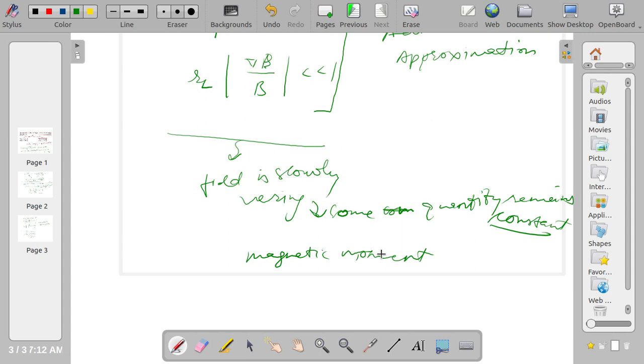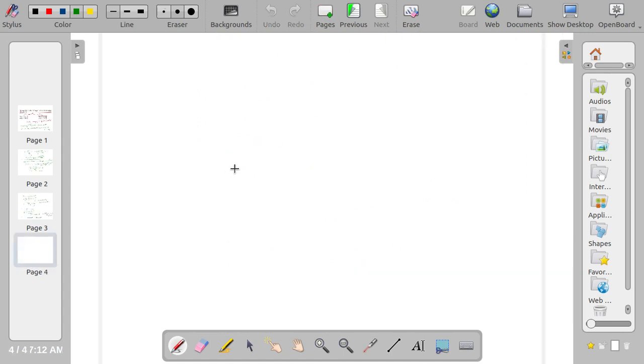So let us now consider the case of time varying magnetic field.